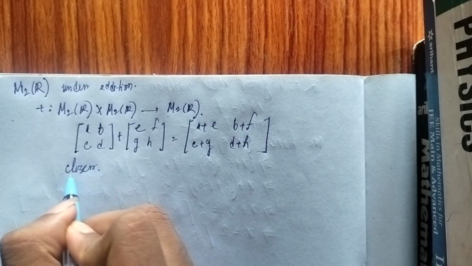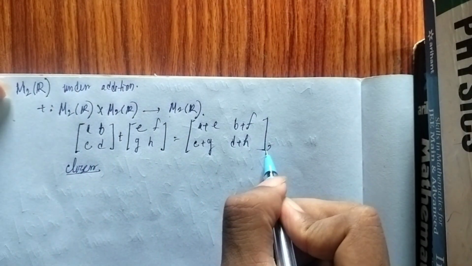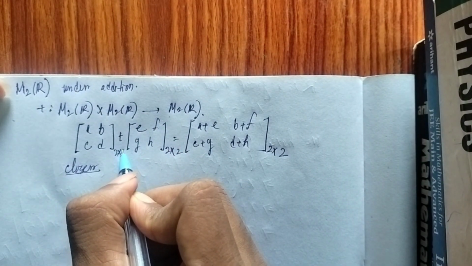Why closed? Because if we take any 2 cross 2 matrix, we will end up again with a 2 cross 2 matrix. So closure, no need to worry about.